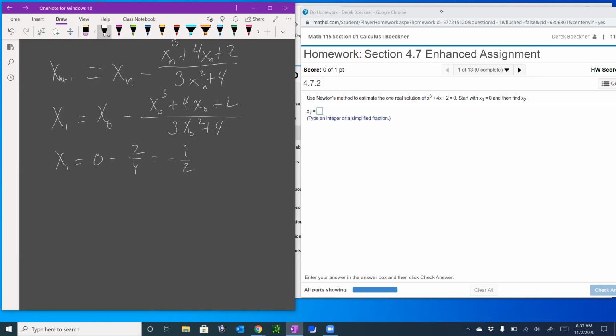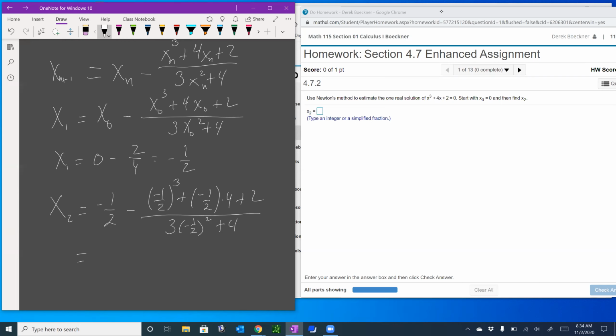We're going to do the same thing with x2. That's going to be minus 1/2 minus minus 1/2 cubed plus minus 1/2 times 4 plus 2 over 3 times minus 1/2 squared plus 4.